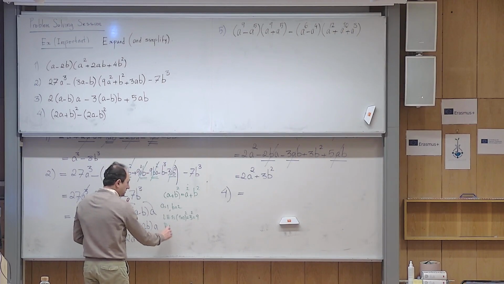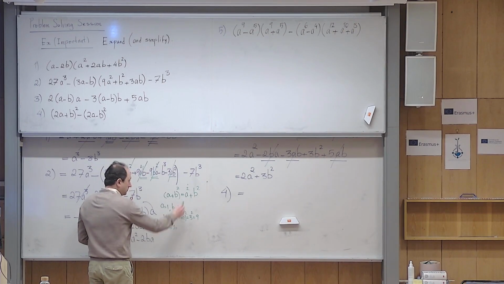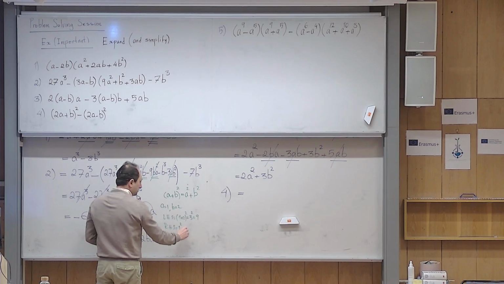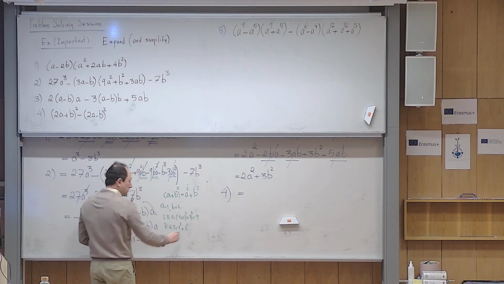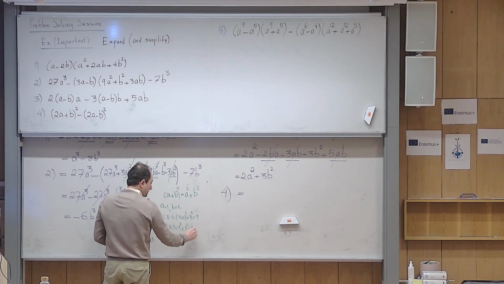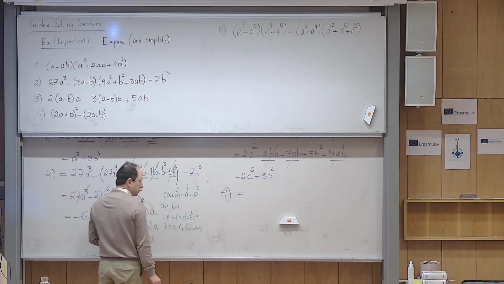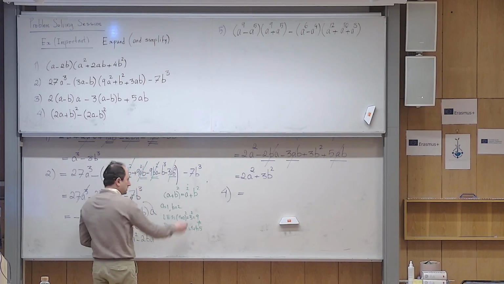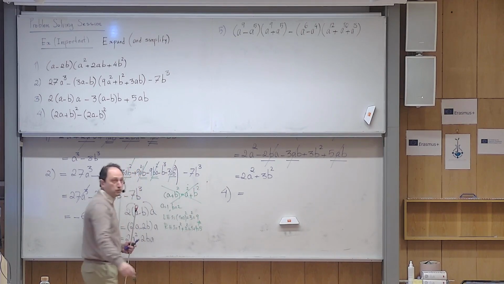Now the right-hand side is what? 1 to the power 2 plus 2 to the power 2, which is 1 plus 4, which is 5. So the left-hand side and right-hand side are not equal. So this means that we cannot rely on this formula.